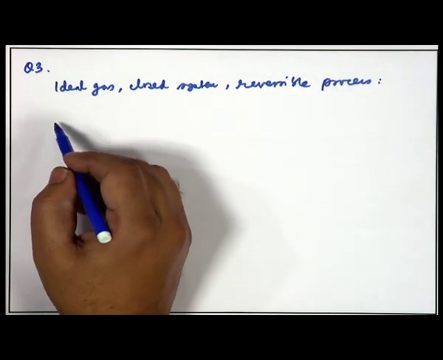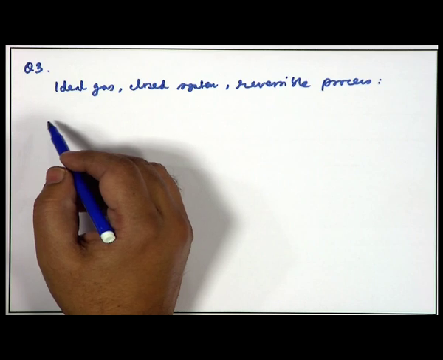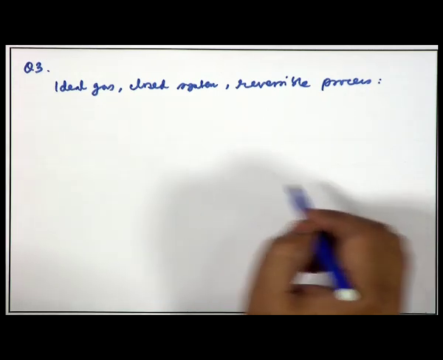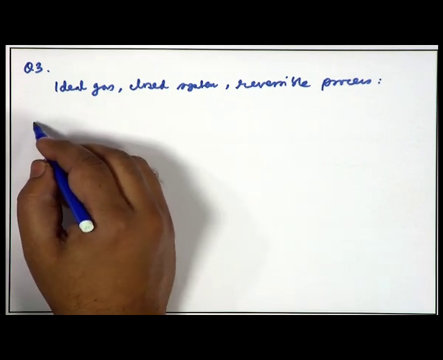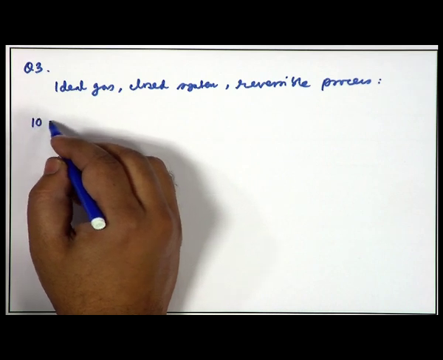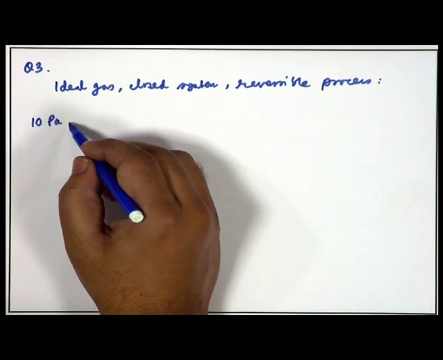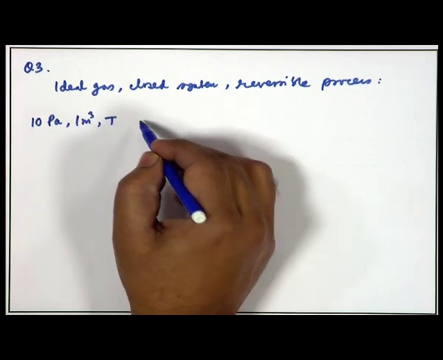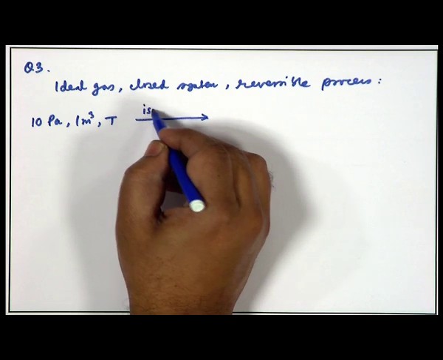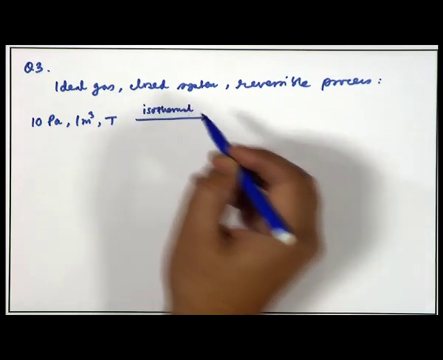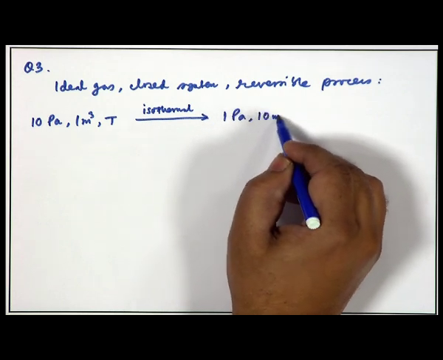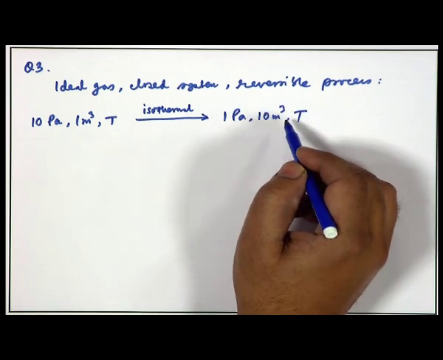You have to calculate the work involved in this process, and you have to schematically draw the area which corresponds to the work. So, this is the initial state, some temperature T, it is an isothermal condition, to 1 Pascal, 10 meter cube is the volume and that temperature T.